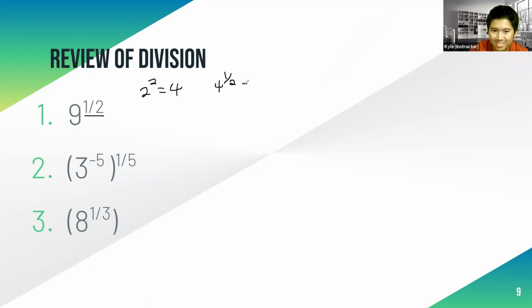Yeah, Andrew, 2. So we just take the opposite of what a power would do. In this case, we have a 9. The opposite of a square, a square root of 9, would be what? Yeah, it would just be 3, because a 1/2 exponent just means square root. That'll be just 3.